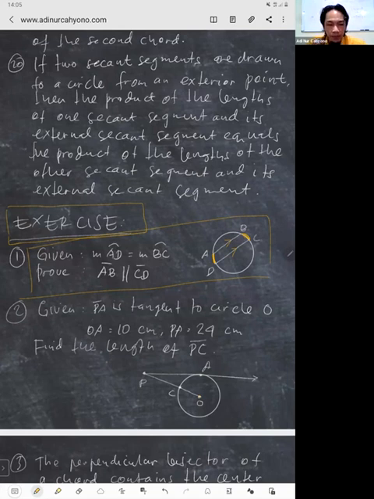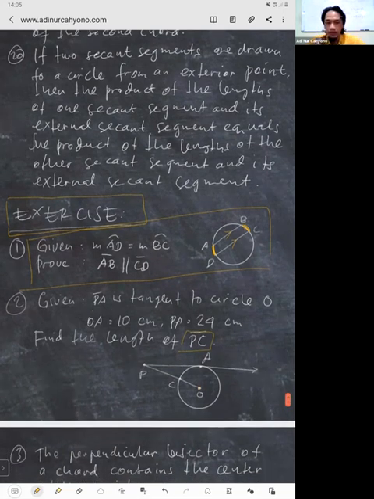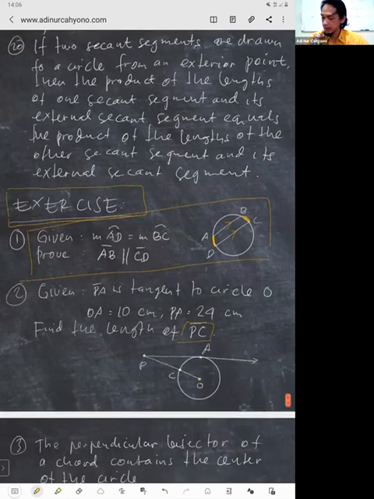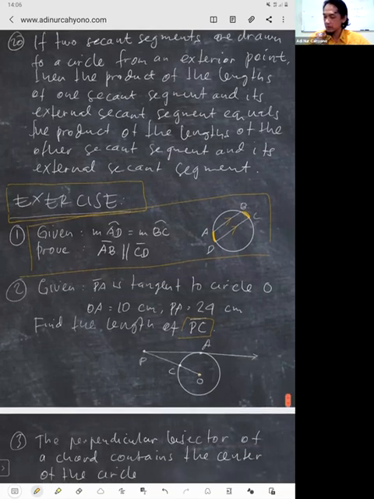Please try to trace it. Sorry, the voice and the video are not in sync, but hopefully you can understand what I mean. You can try this exercise and discuss with your friends.